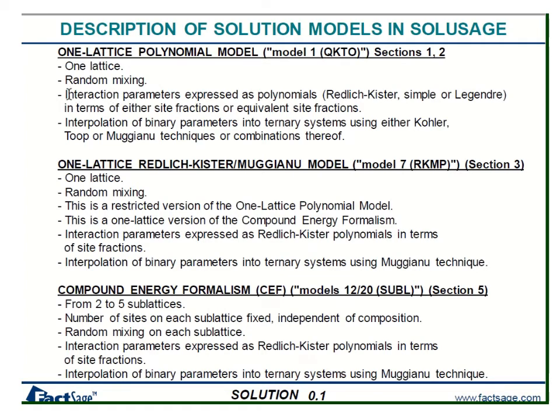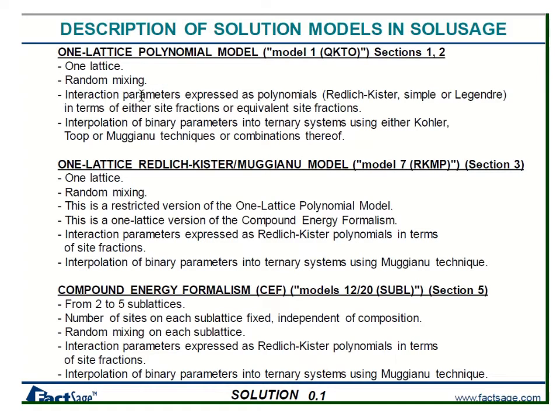In this solution model, the most important point is that it assumes random mixing of the species in the solution. In the ideal solution, we assume that the species mix randomly. That's the ideal mixing, which is the same as the random mixing concept.